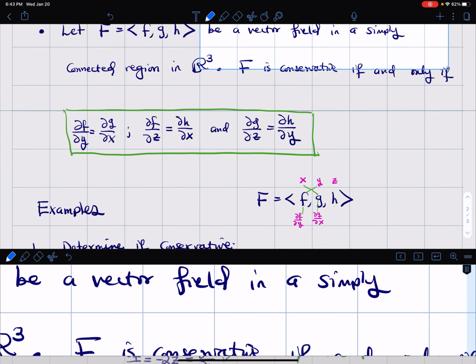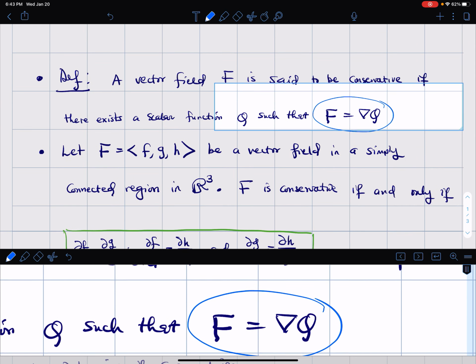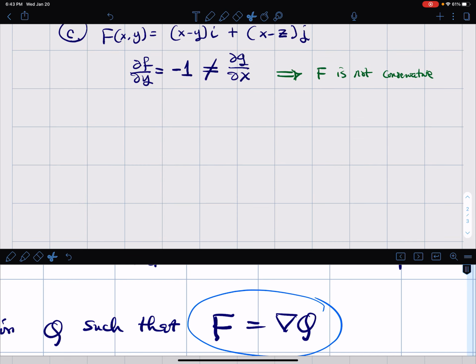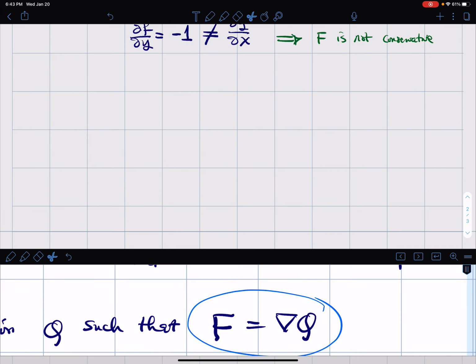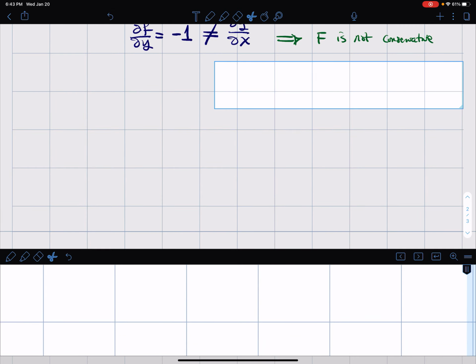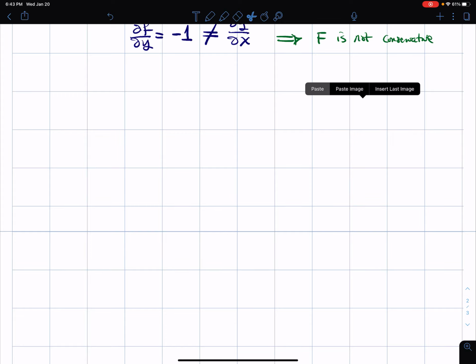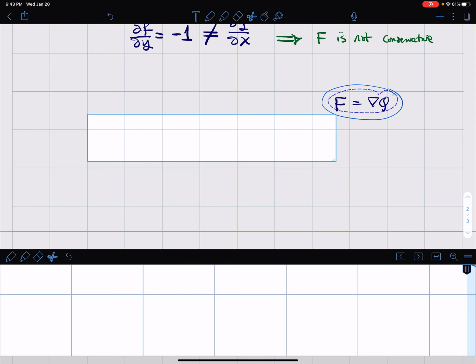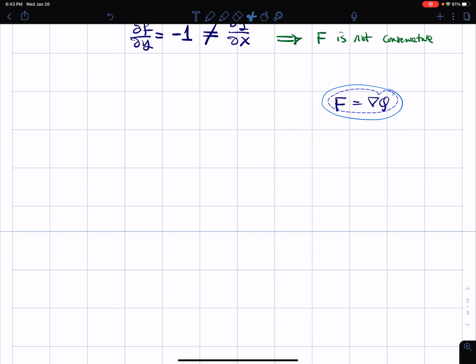So with this definition in mind, let's copy this. With this definition in mind, let us do another example. That's the definition we're going to be working with.